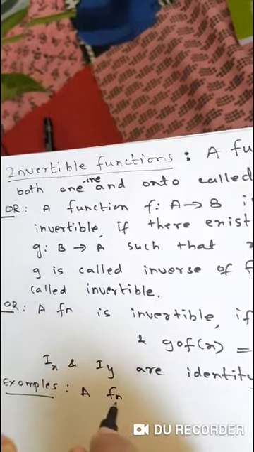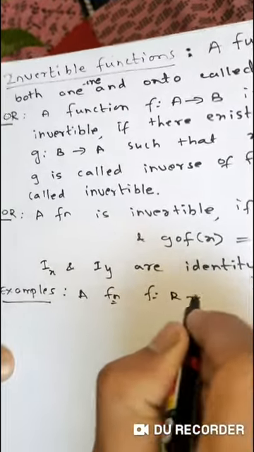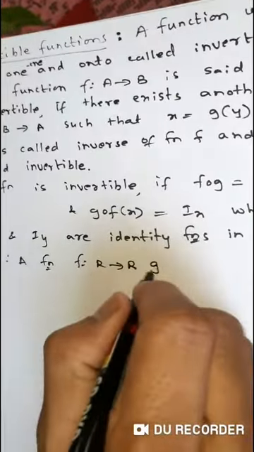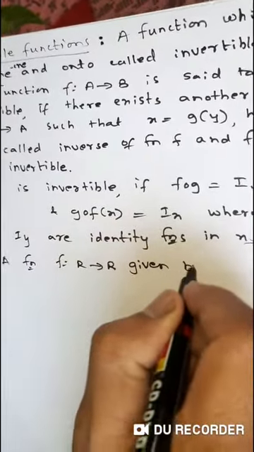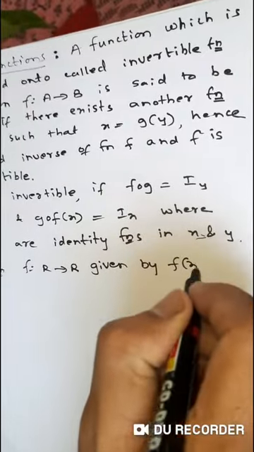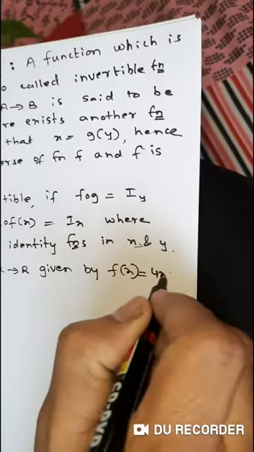The first example: a function f mapping R to R given by f of x equal to 4x plus 3.